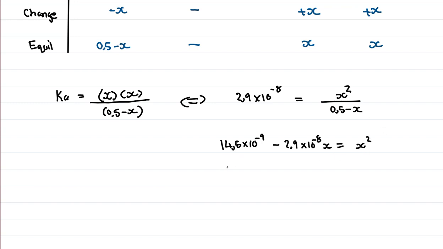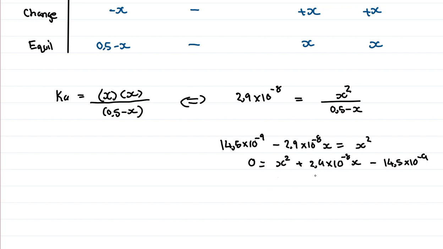We can take all of this to the other side, and we get 0 is equal to x squared plus 2.9 times 10 to the power of negative 8 x minus 14.5 times 10 to the power of negative 9.